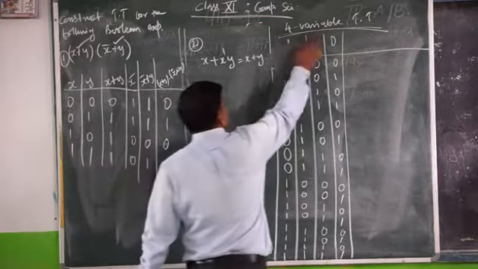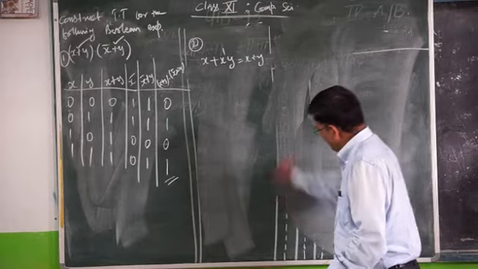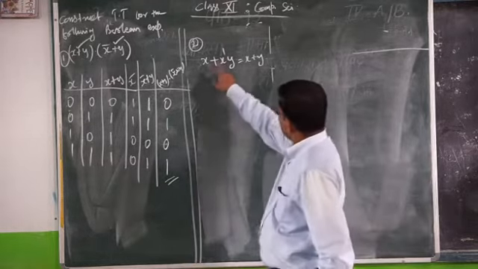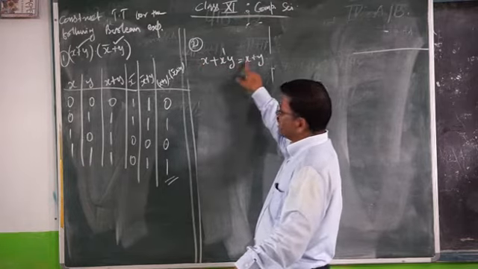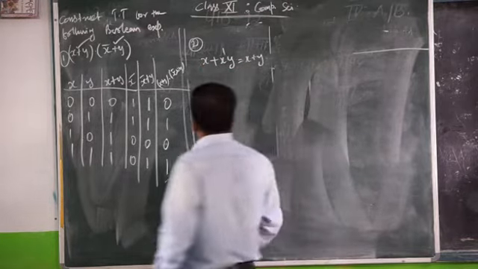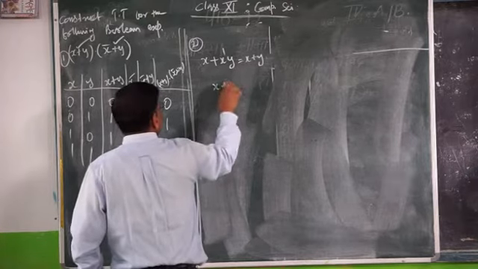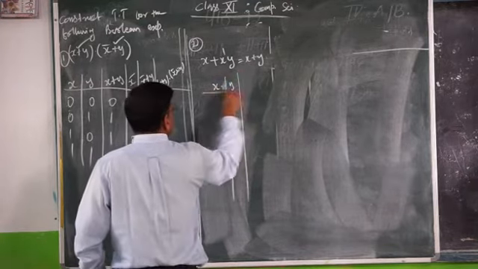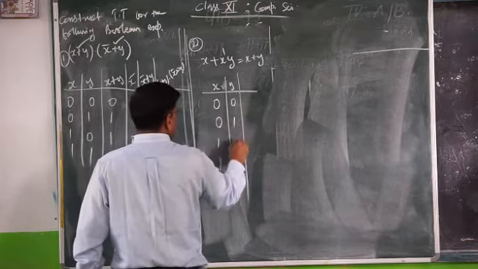Here I go. How many variables are there? x complement y, x. Only two variables are there. Double 0, double 1.